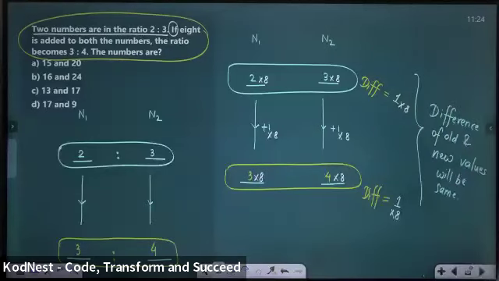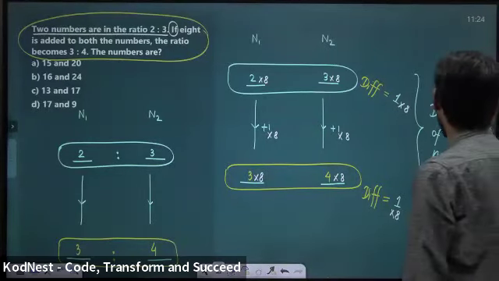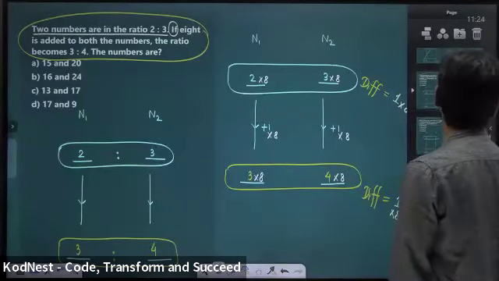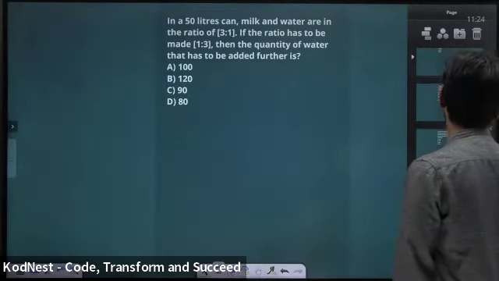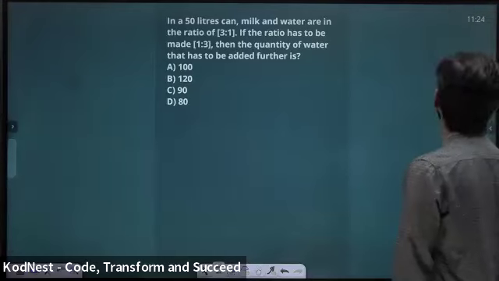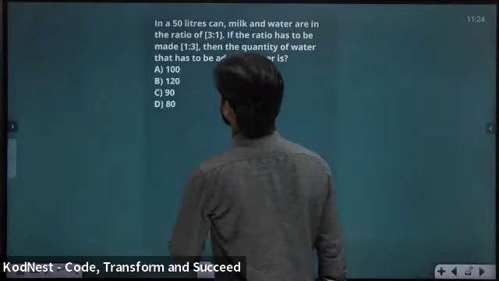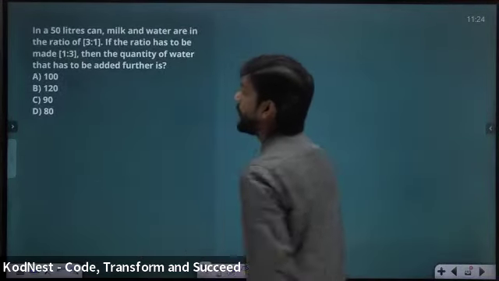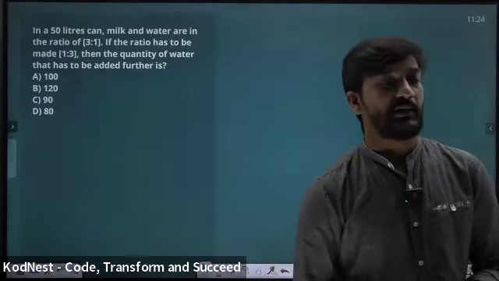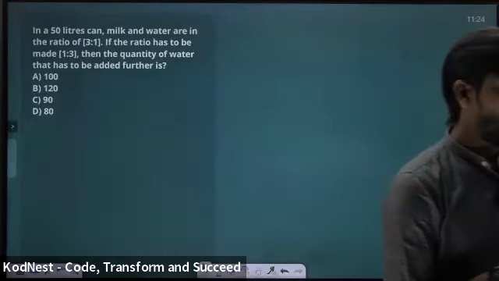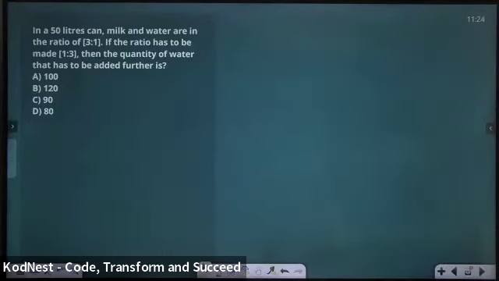Okay. Now, let's see one more question. Please start with the question. Two ratios, a little bit careful you have to be.